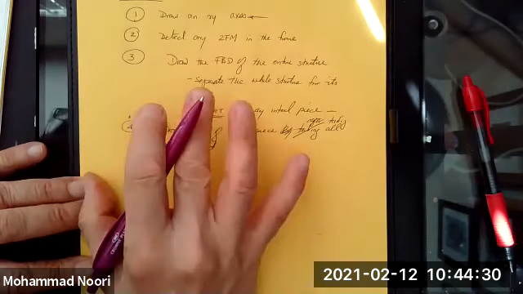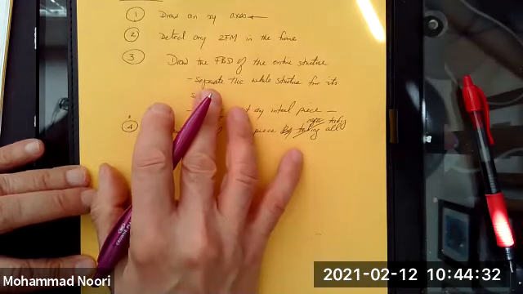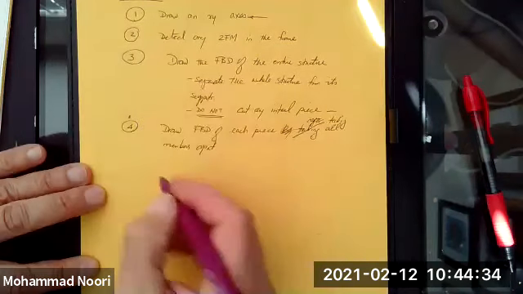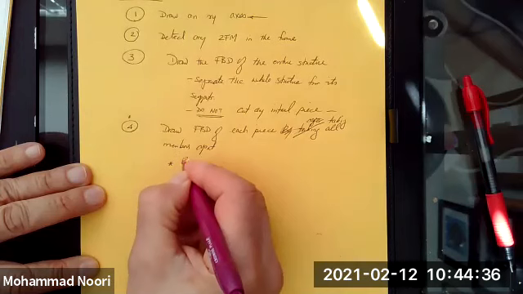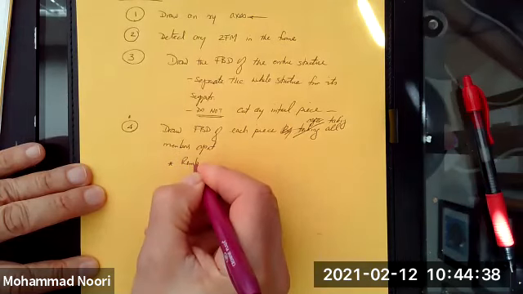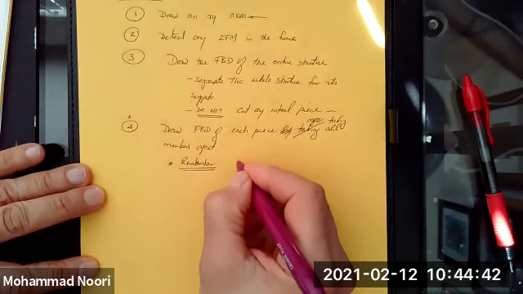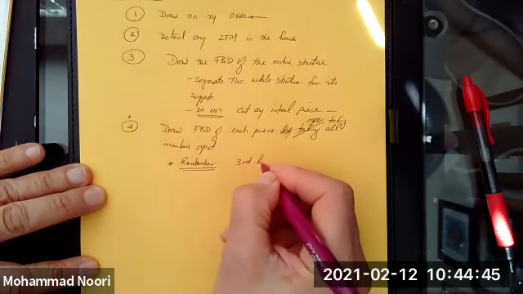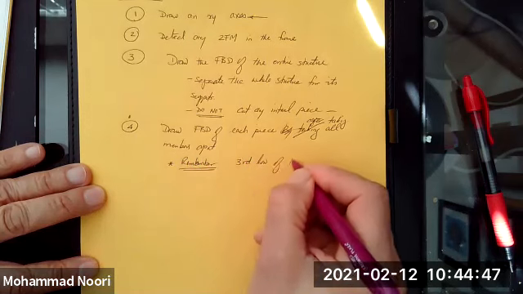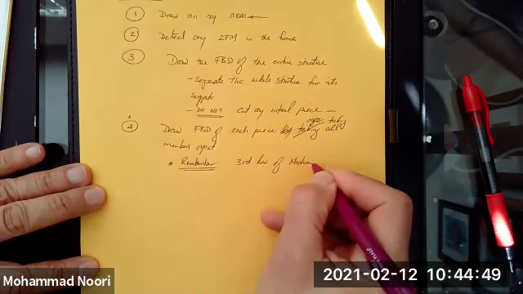Once you've done that, remember the third law of mechanics as you're taking these apart.